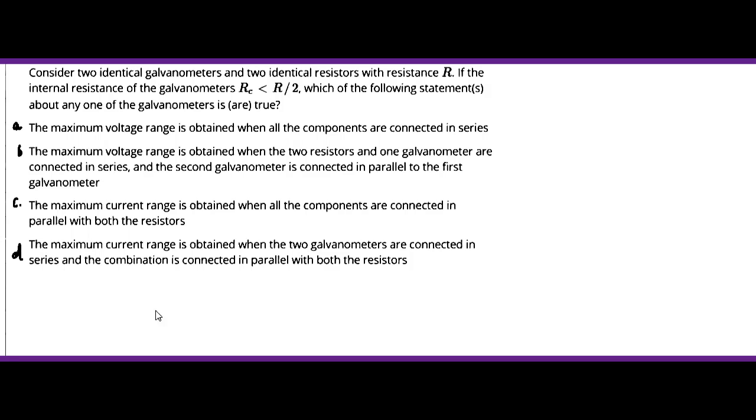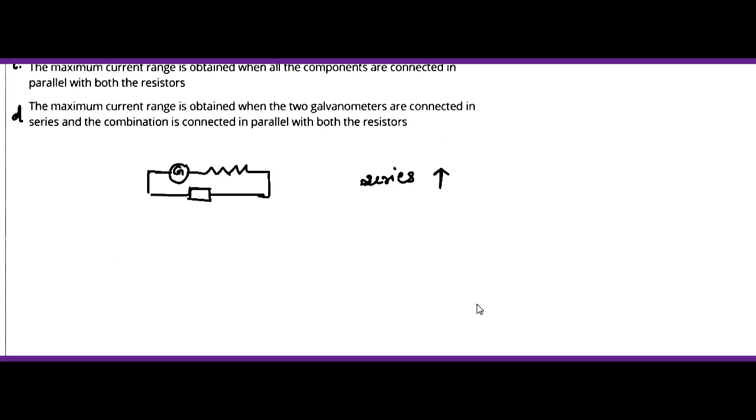For conversion to a voltmeter, the galvanometer is connected with a resistor in series. So, a galvanometer can be converted into a voltmeter or an ammeter. For the conversion to a voltmeter, the resistance should be connected in series. What happens when a resistor is connected in series? The resistance increases and we get the maximum voltage.